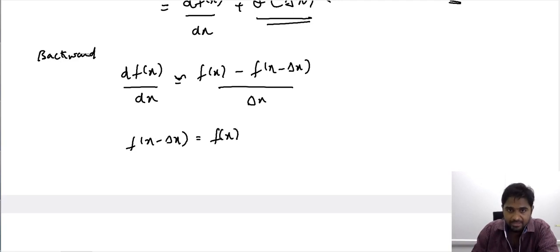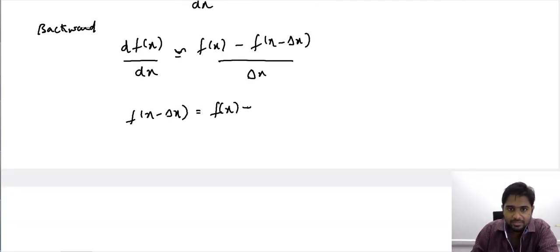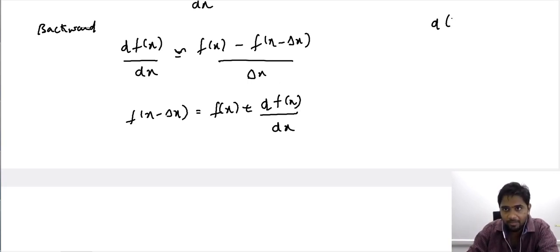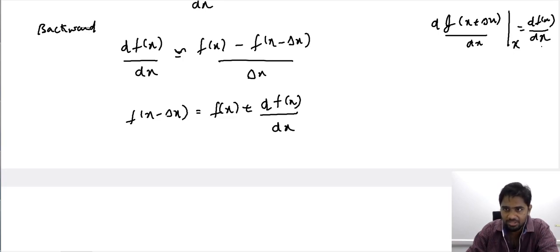It will be f of x plus the first derivative of f of x, d of f at x. Ideally the second term, the derivative, should be written in this way, but since we are focusing on a given point x, we have simplified it and written it in this manner.